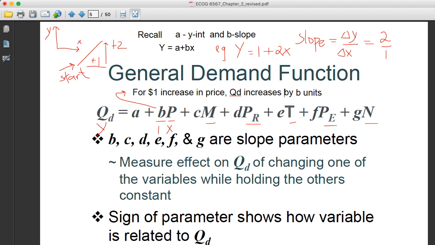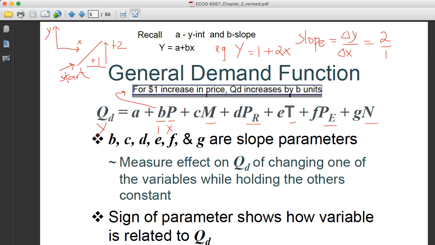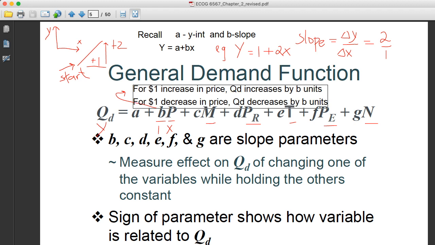I did it in this positive, but we could also write it in the negative, right? Because it's just the relationship. So similarly, I could write this as $1 decrease in price, QD decreases by B units. Now if B is a positive, we'll interpret it in the first way.